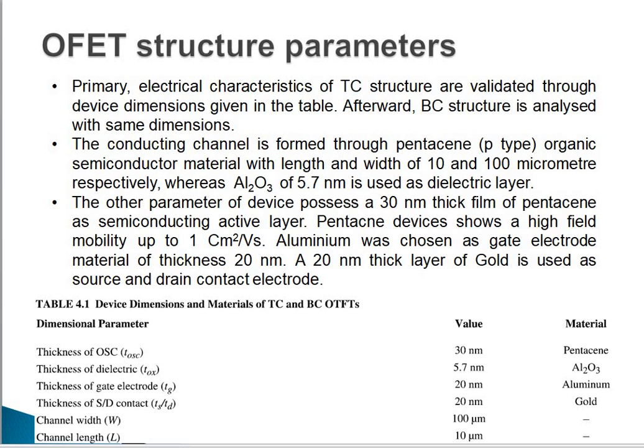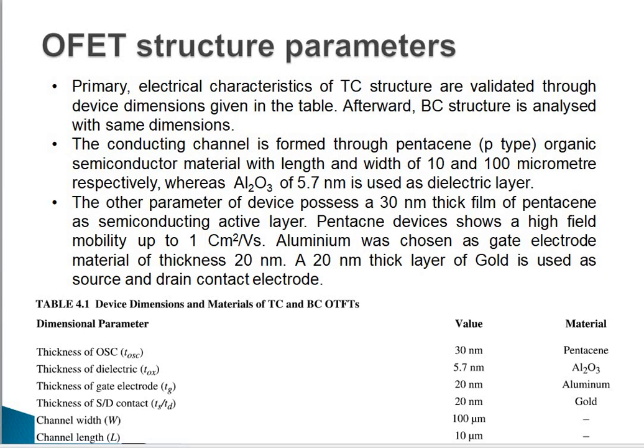The conducting channel is formed through pentacene P-type organic semiconductor material with the length and the width of 10 and 100 micrometer respectively, whereas aluminum oxide Al2O3 is used as a dielectric layer having thickness 5.7 nanometer.